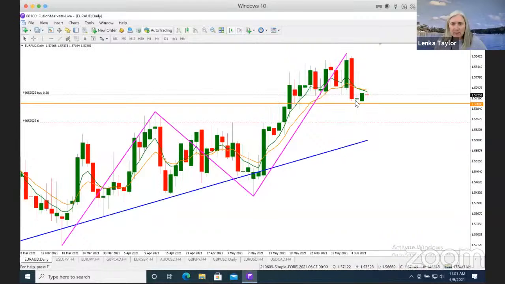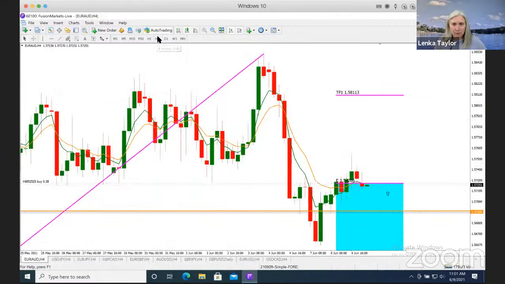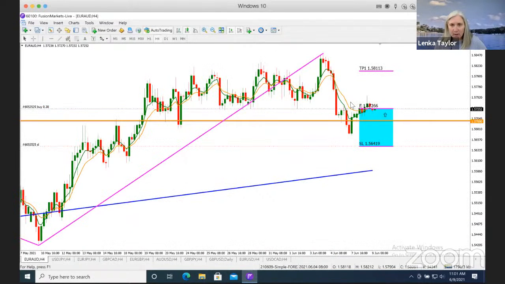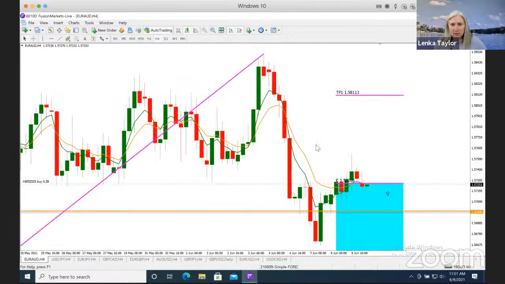On the daily, we had that little bit of a pullback to the line, which looked good. So on the 4-hourly, I got in just at that level after that dip at the 1.57.